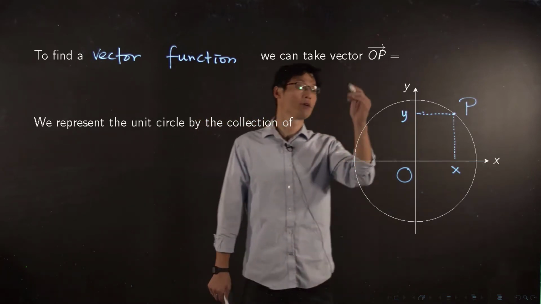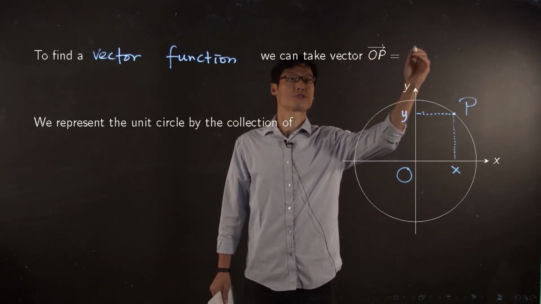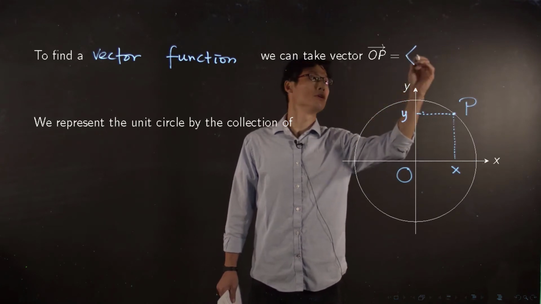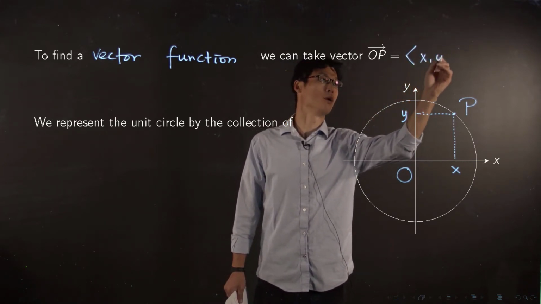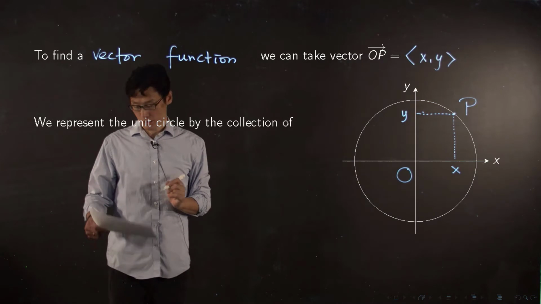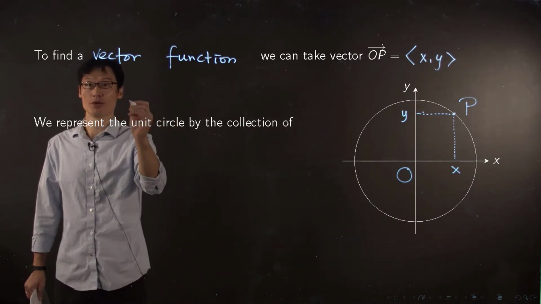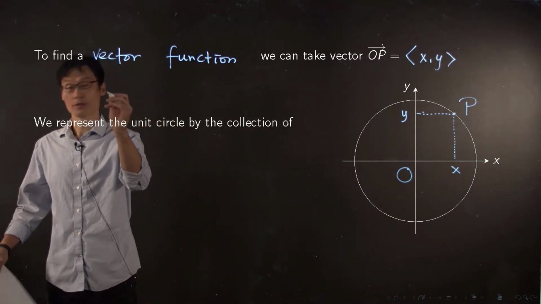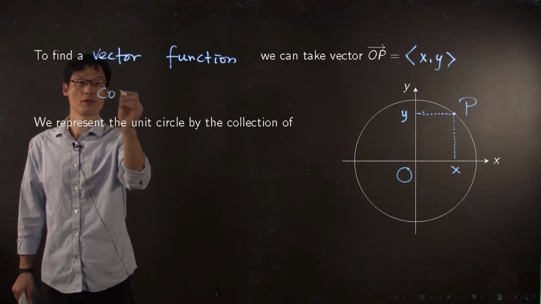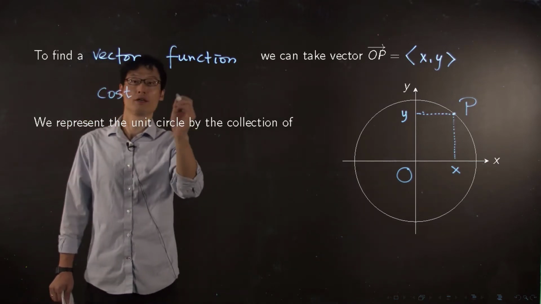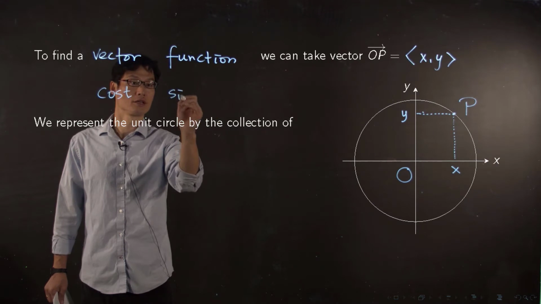So for this vector OP, (x, y), we expressed x as cosine t and the y component as sine t.